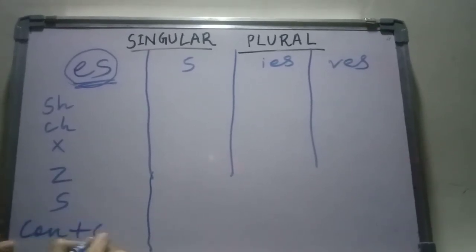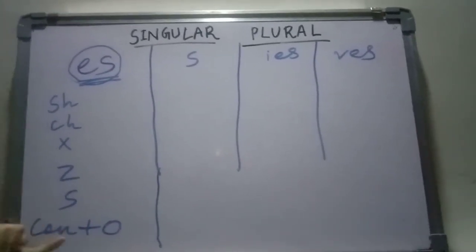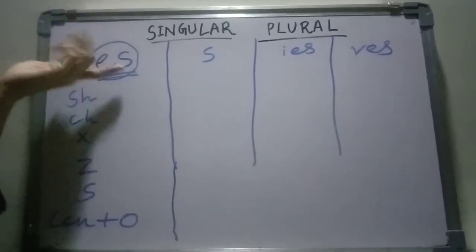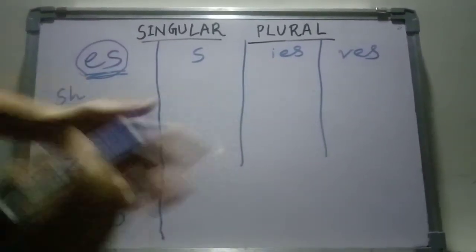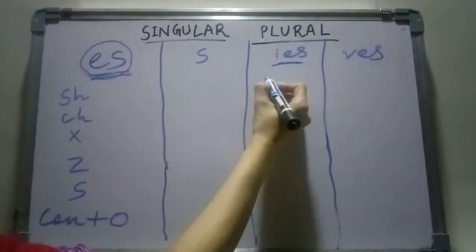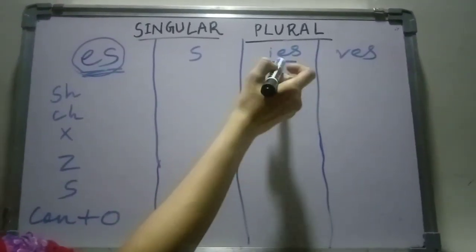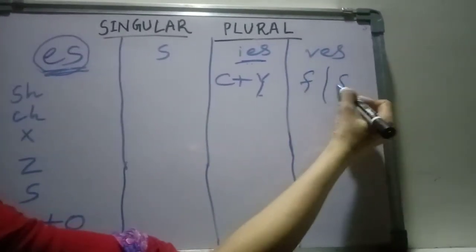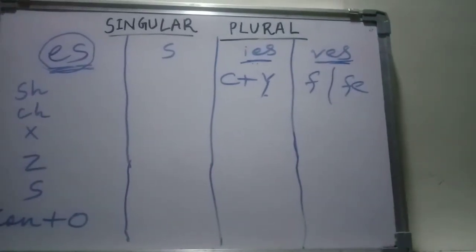Consonant plus o. अगर वर्ड ओ से फिनिश होता है, उसके आगे कॉन्सोनेंट है, जैसे मैंने एग्जाम्पल्स लिए थे हीरो, टोमेटो, पोटैटो, उसके साथ भी हम es लगाते हैं ना. s पे हम लोग थोड़ा बाद में आएंगे, उसके पहले ies किसके साथ लगाते हैं हम? कॉन्सोनेंट प्लस y. We remove y and we add ies to that word. F or fe, we remove f and fe and we add ves to that word.